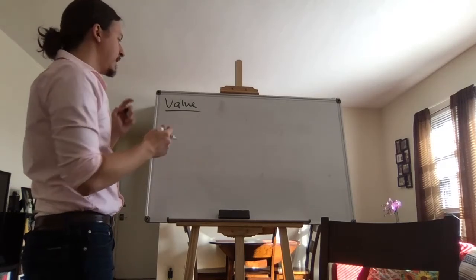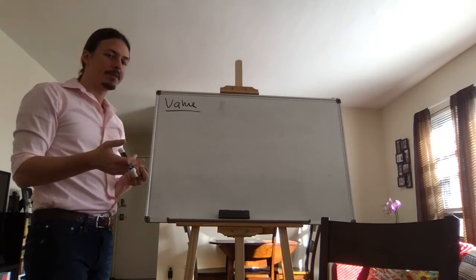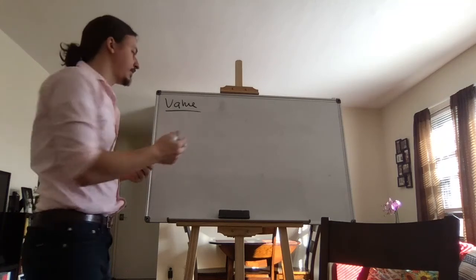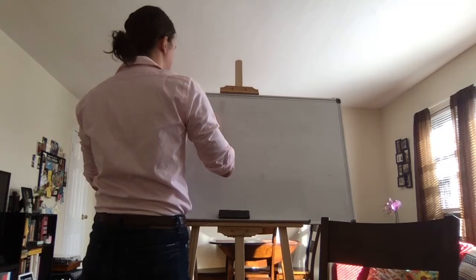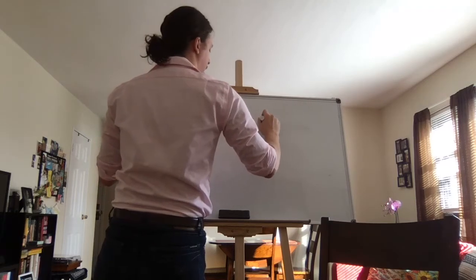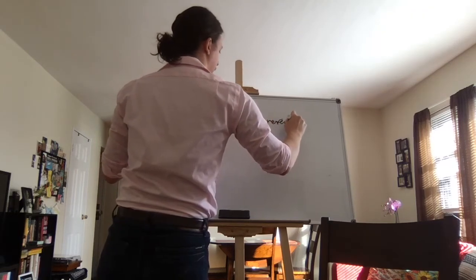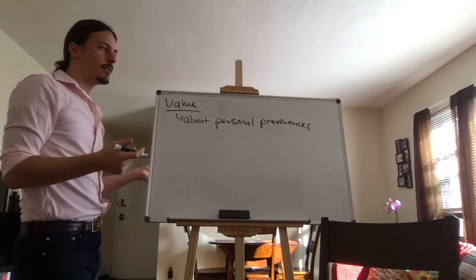So if we do ask the two questions, what is it about and how can it be verified or falsified? It's pretty interesting. The aboutness we've already covered. We say value claims are about personal preferences. What about verification and falsification?